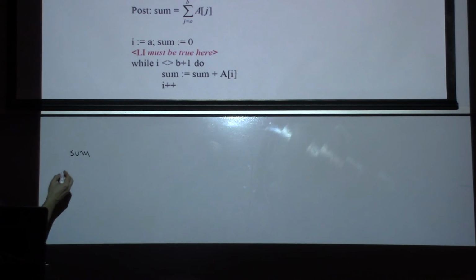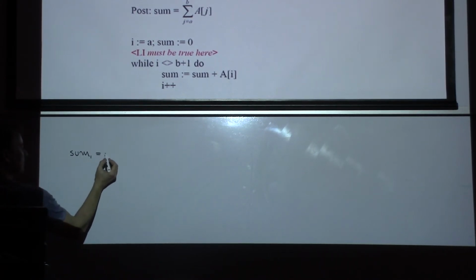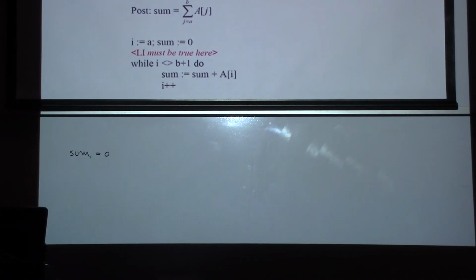But I am going to say sum sub 1 will be the value of sum before the first iteration. So sum sub 1 is equal to what? 0. Perfect. And I sub 1 is equal to what? A, which also happens to be the first element. And so now the loop invariant must be true, right?